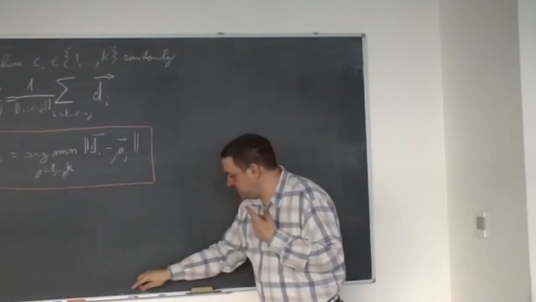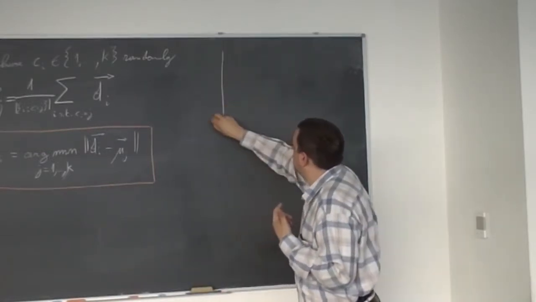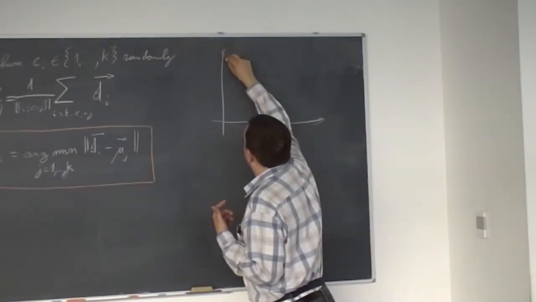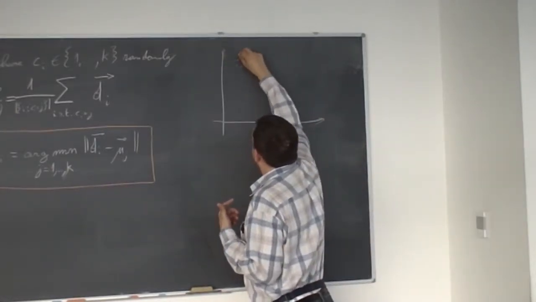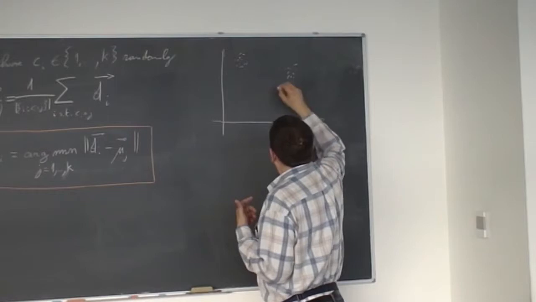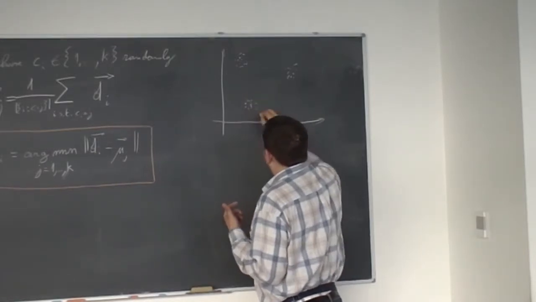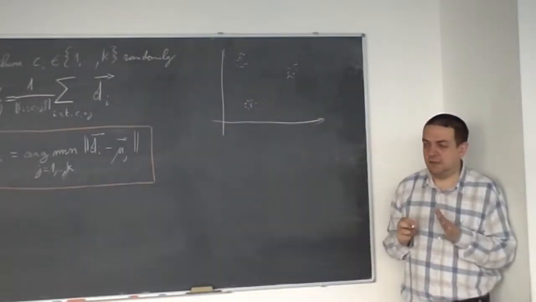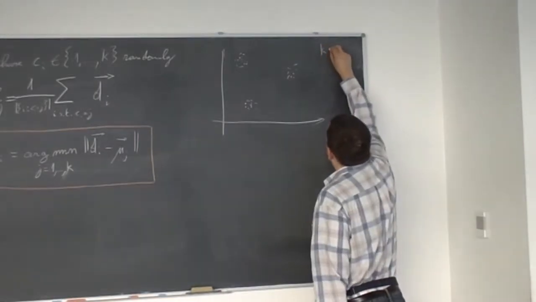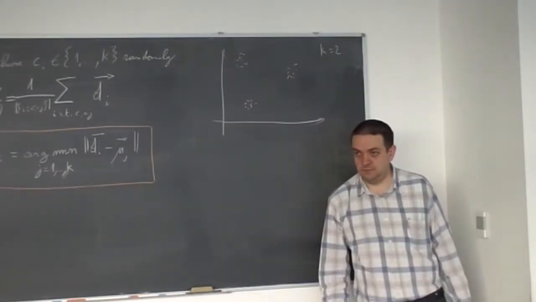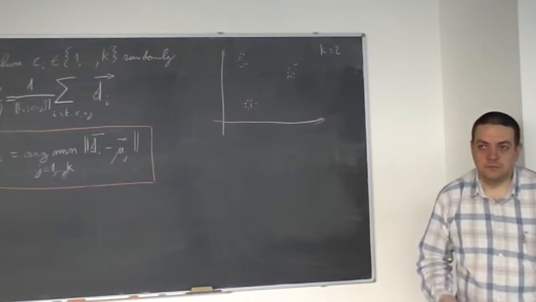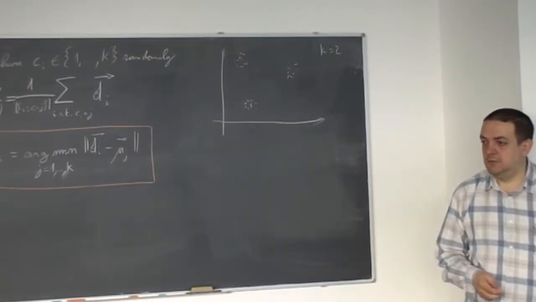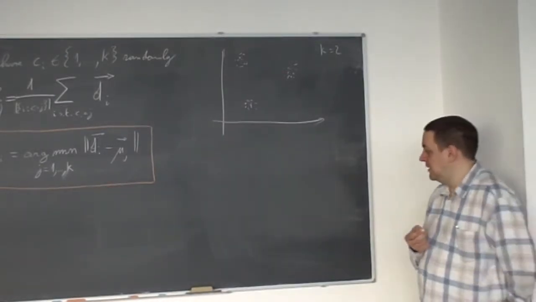Now, suppose that we have 3 clusters, but we choose k equal to 2. What's going to happen?